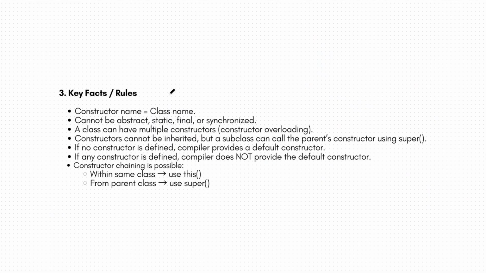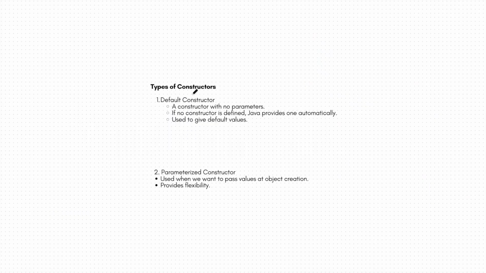So if I come back, what was my default constructor? A constructor which does not have any parameters. If no constructor is defined, Java provides one automatically. This is a very important question interviewers always ask. So if no constructor is defined, Java will automatically provide one constructor.